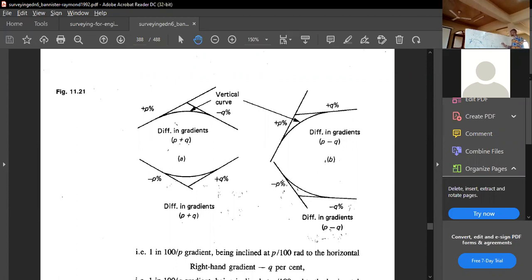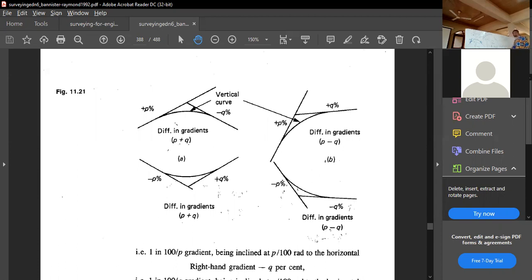Let's look at this one: negative P, negative Q. Literally, this is more like negative P plus Q, so the net effect is that the gradient is negative. It's negative, but we are really summing the gradient.